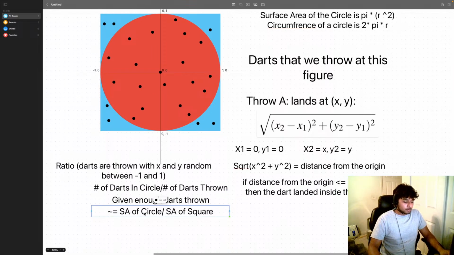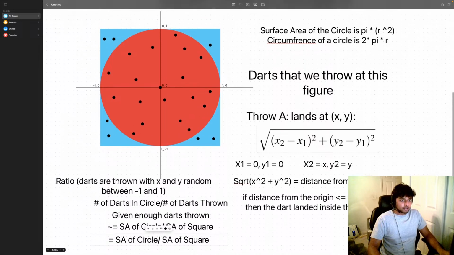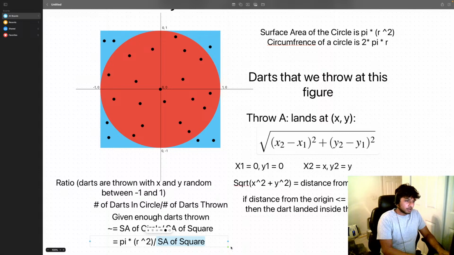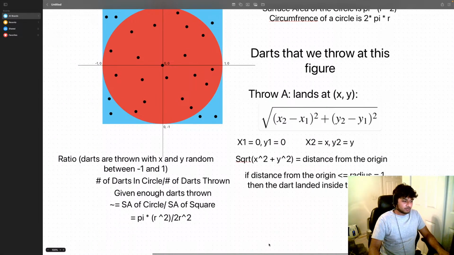Yeah, so now we can just put in these equations here. So what's the surface area of a circle? You had this equation here. Surface area of a square is just going to be, in this case, one side is 2r, so we'll just do 2r squared, which would seem to simplify.